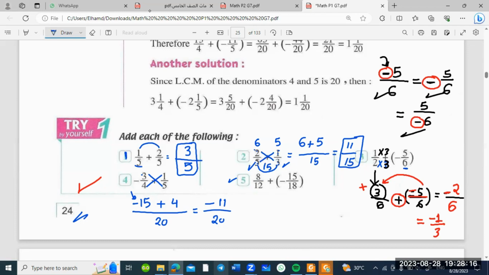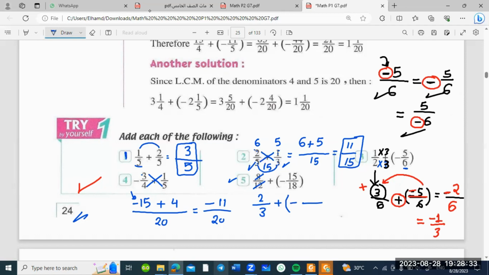Okay, so I will simplify first. Divide 8 by 4 equals 2, and 12 by 4 equals 3. Understood? And what about 15 and 18?